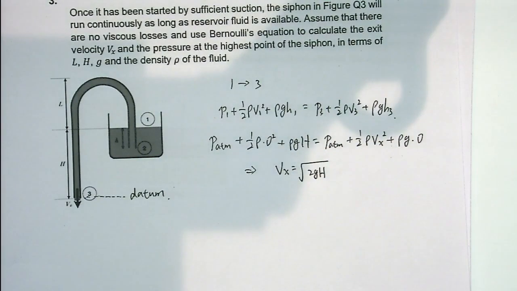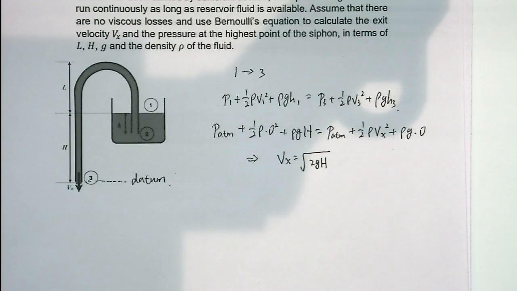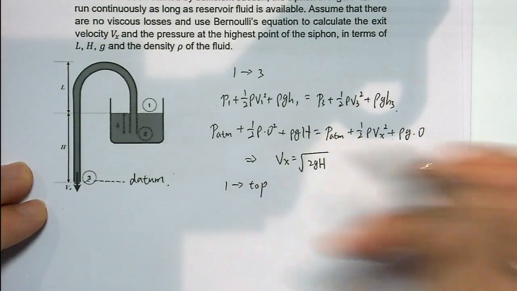So we choose the static point and the moving point to get the velocity of the exit. And then we need to solve the pressure at the top. So we apply the Bernoulli equation again from 1 to the top point.